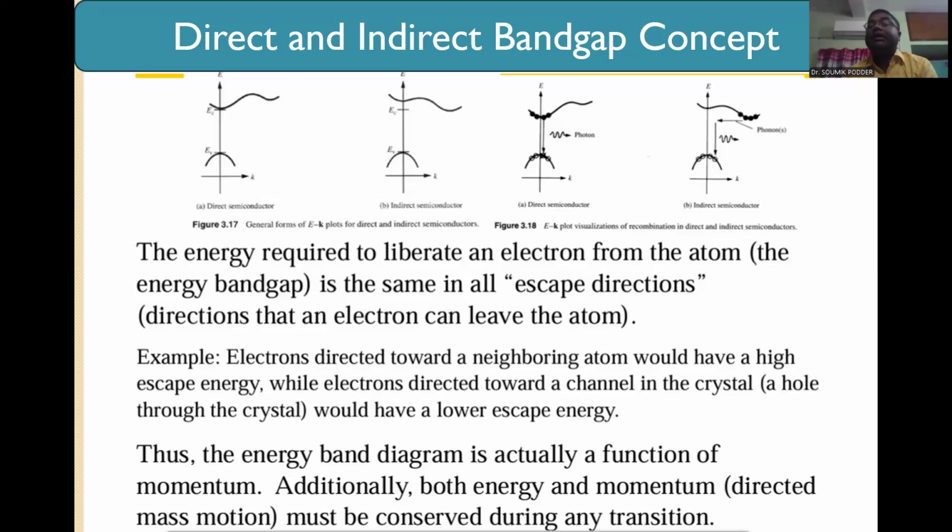What are the examples of direct band gap semiconductors? They are the 3-5 semiconductors, that is gallium arsenide, gallium nitride, indium phosphide, indium gallium nitride, etc. And the indirect band gap semiconductors are silicon and germanium.